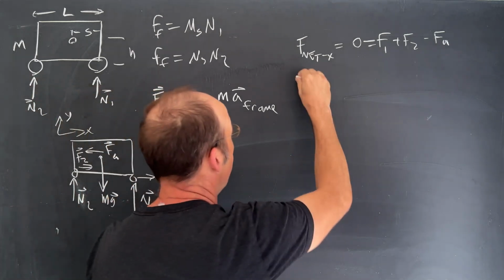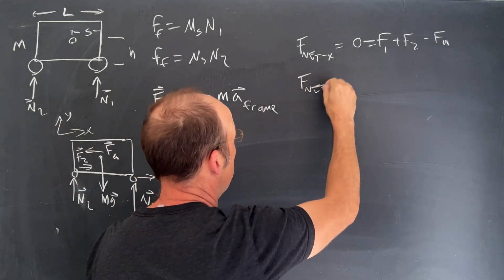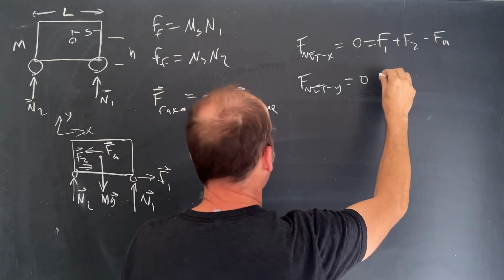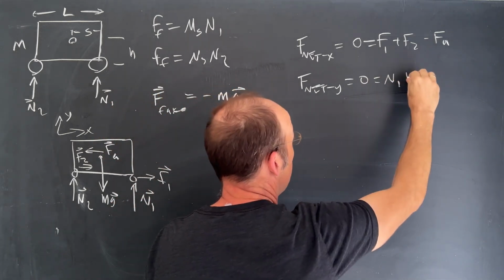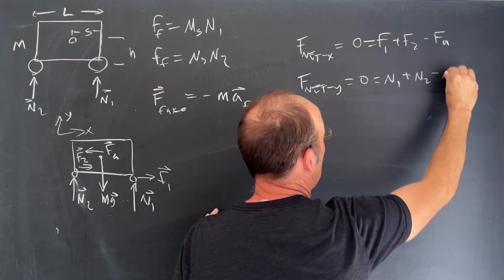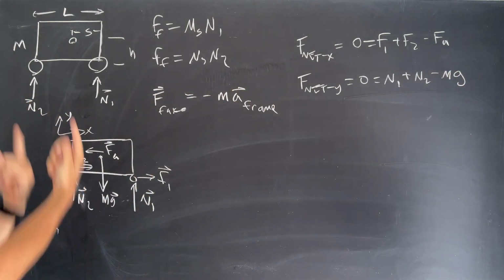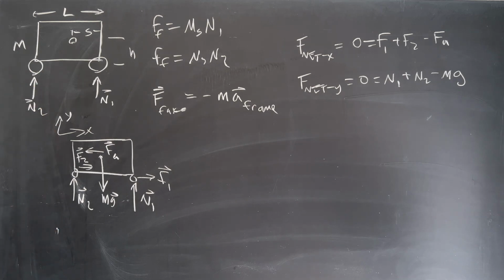I can do the same thing for the y direction. F net y is going to be 0, and this is equal to N1 plus N2 minus mg, because the two forces pushing up are the normal forces, and gravity is the downward gravitational force.